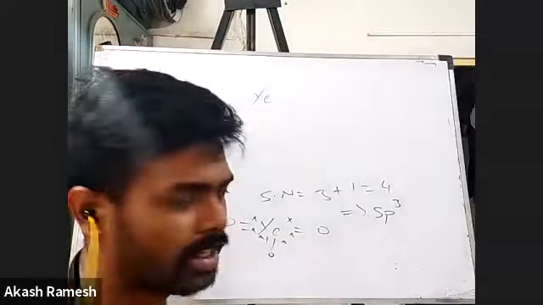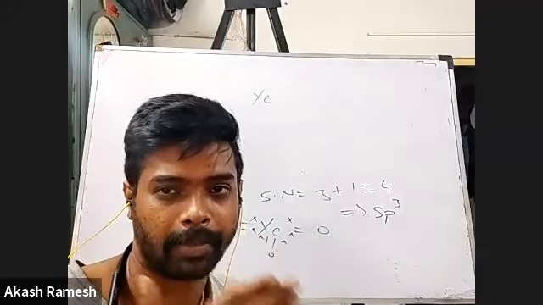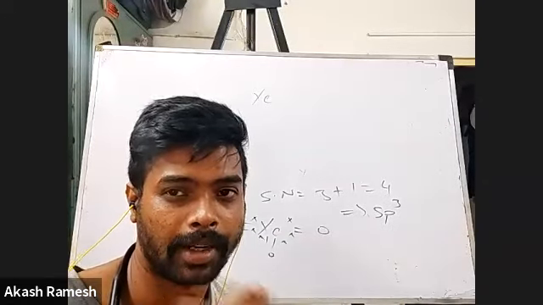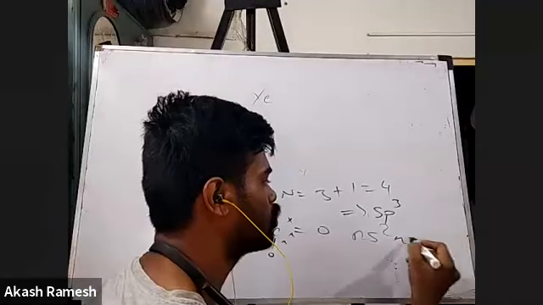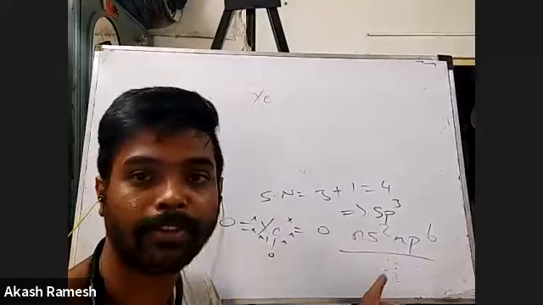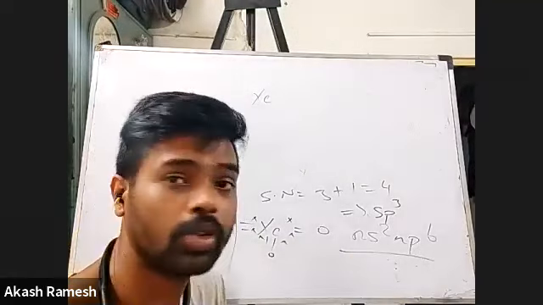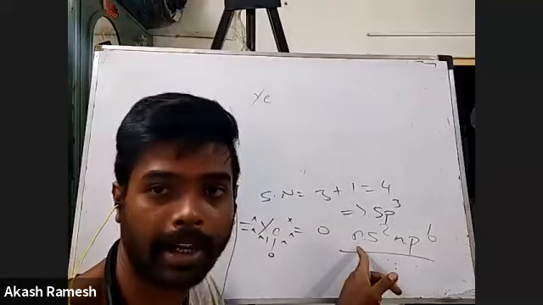Sir, is it 4d10 5s2 5p6 that ending? Exactly, that's right. So please understand, guys, if I have a noble gas element, the valence electron configuration would be ns2 np6, fully filled configuration, where n is the period number.